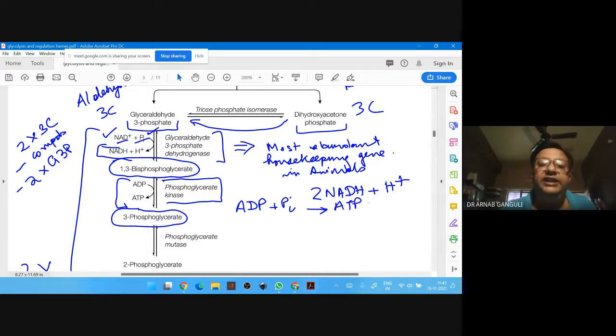So this reaction is taking place 2 times, and you have a production of 2 ATPs. In one reaction, only 1 ATP is formed.